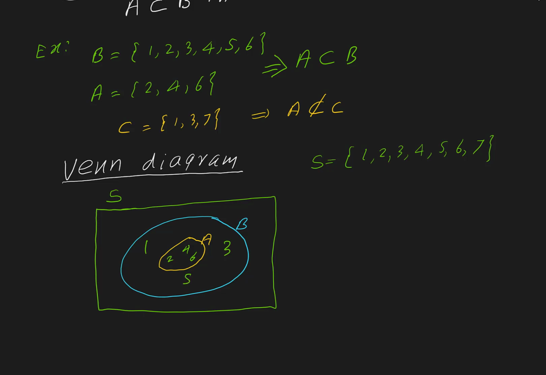Now consider the elements of B are 1, 2, 3, 4, 5, 6. Now go to the universal set. The universal set has numbers from 1 to 7, and we already have numbers 1 to 6 in B. Then 7 is the only one outside of the circle B. Therefore, we write down 7 outside the circle B. Now you see A is a subset of B. So A is contained in B.